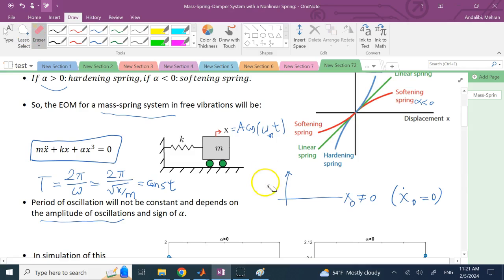This T is not going to change, because in this case, A is going to be the same as x naught.